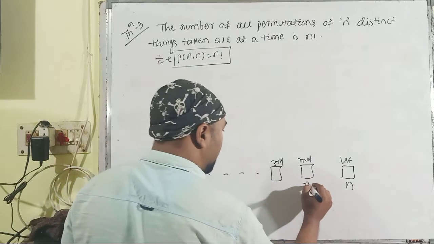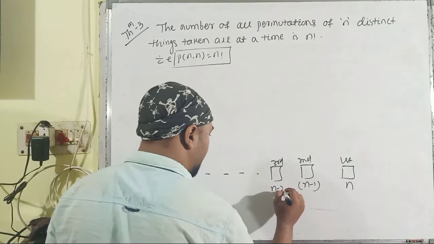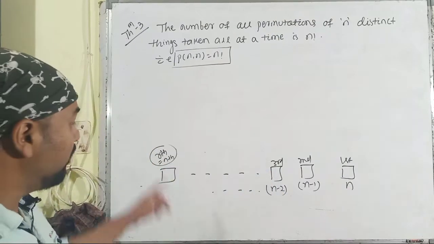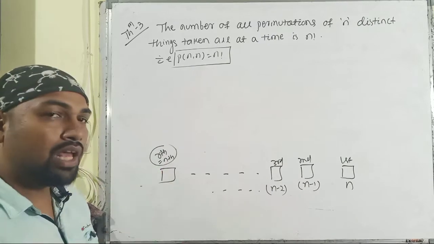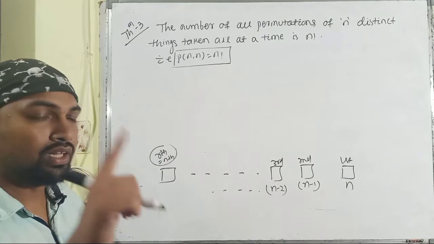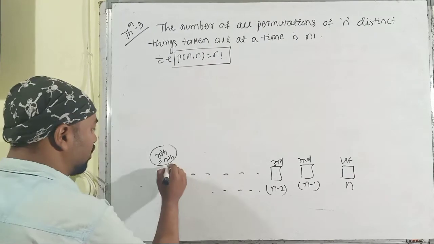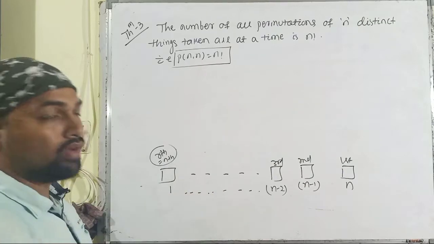The second place can be filled up by n minus 1 number of ways. The third place can be filled up by n minus 2 number of ways. As I have already told, if n is equal to r, then for the last place there will be a single element to fill up this place. That means the last place, or the nth place, can be filled up by 1 number of ways.